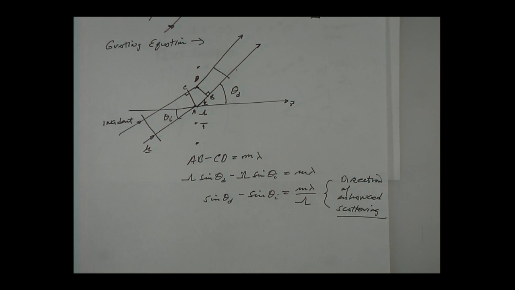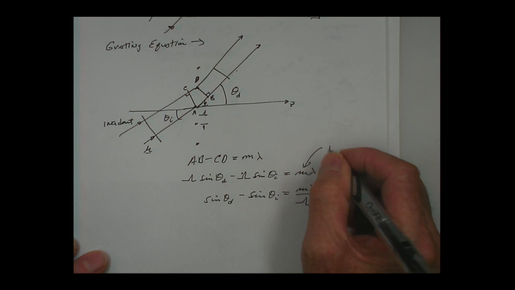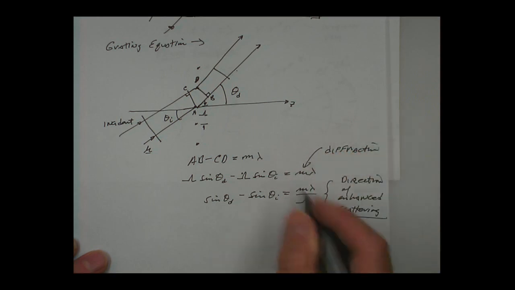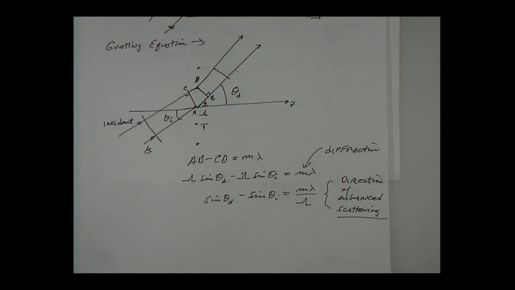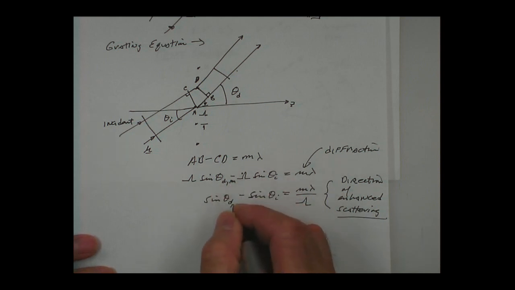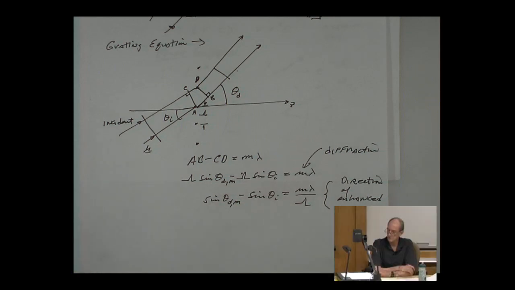That m is the diffraction order. In this case, there are many directions in which we can have a coherent enhancement. So in actuality, we should say that this is theta sub d m, because we can have a different direction for each of those diffraction orders that satisfy that condition.